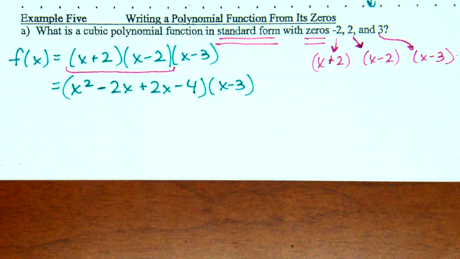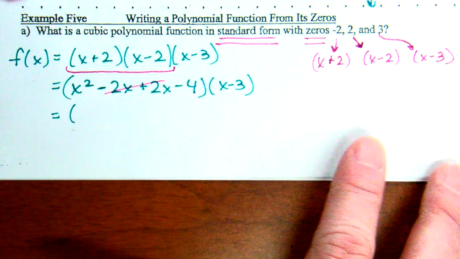So easy to forget about. I would clean up what we just did. What do you know about x squared minus 2x plus 2x minus 4? So nice when that happens. That negative 2x and plus 2x, those inside terms, cancel. So then I have x squared minus 4 times x minus 3.